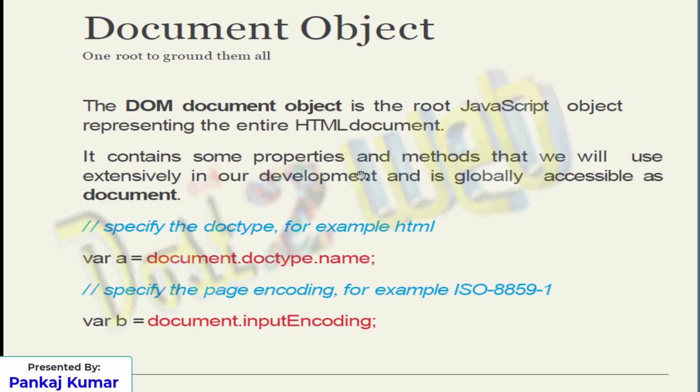How can you specify them? It will be like specifying the doctype. Hope you remember we have used doctype. The same way you can define the object like this: a variable a, that means you define a variable and assign document.doctype.name. So the document type is the name, and it can be accessible through a.